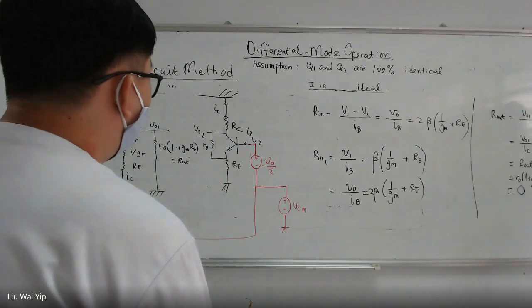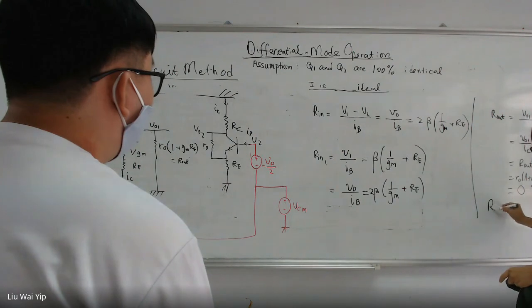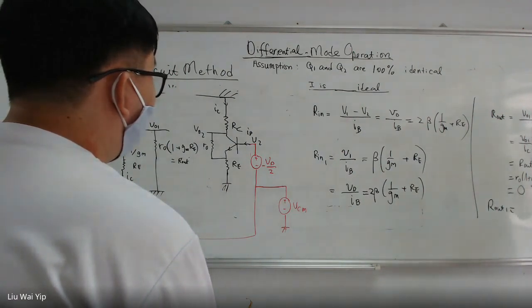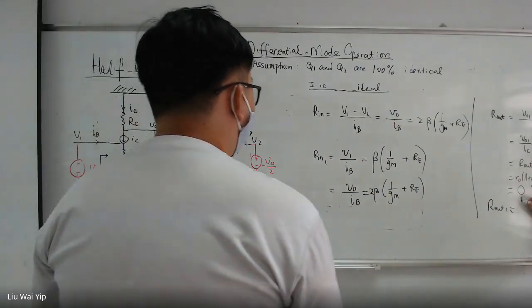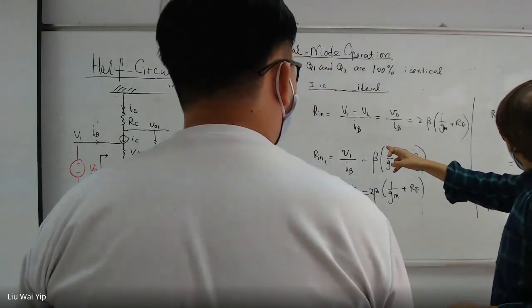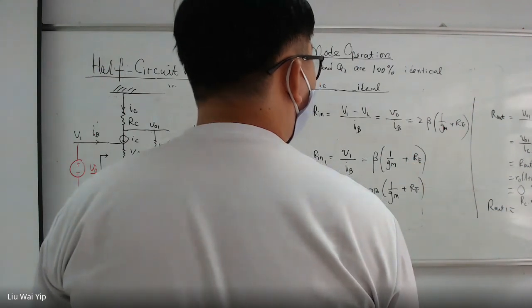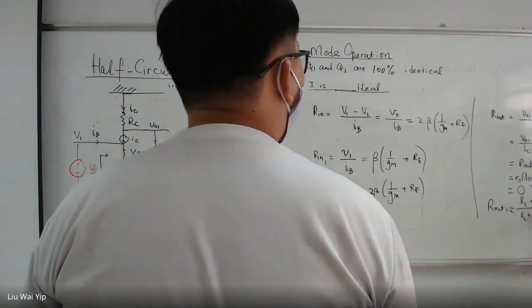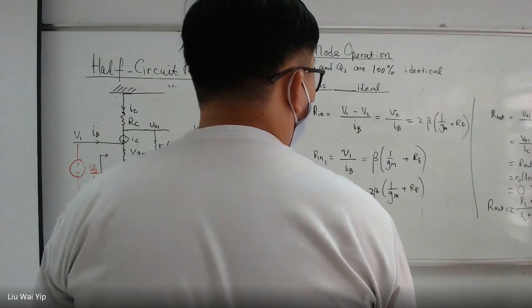But if the question asks you to give the output impedance of one branch only, then what is your answer? Not 0. Only one branch. Correct. Do not divide by 0. It's parallel. Okay, good.